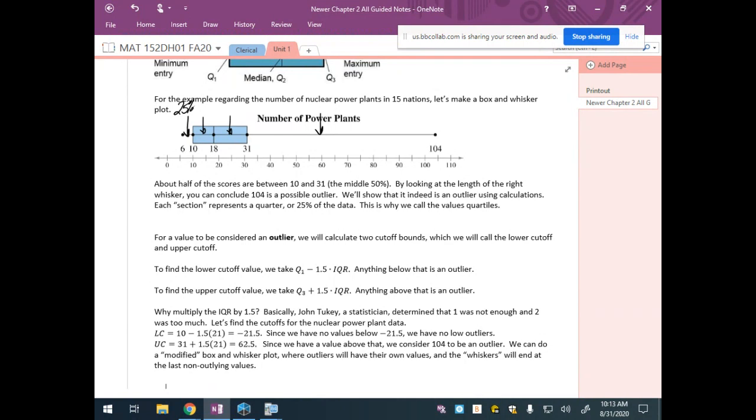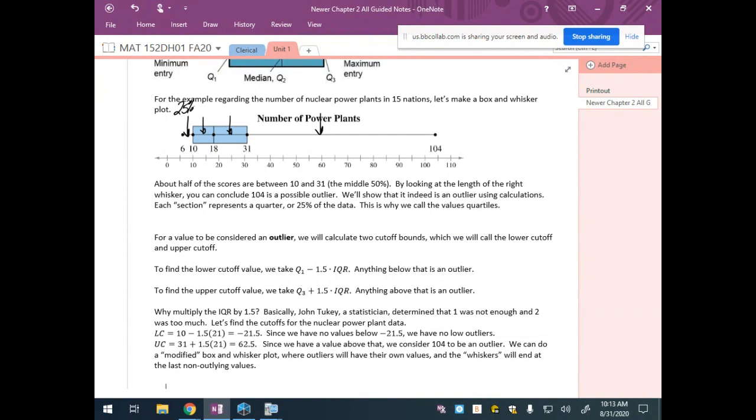Anything above that is an outlier. Now, why would we multiply the IQR by 1.5? Well, the statistician John Tukey, that's Tukey, not Turkey, basically said, okay, 1's not enough, and 2 is too much. True story. And he did that in the 60s. So, that's relatively new in our world of math, when you think about it.